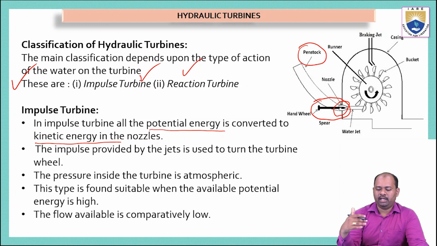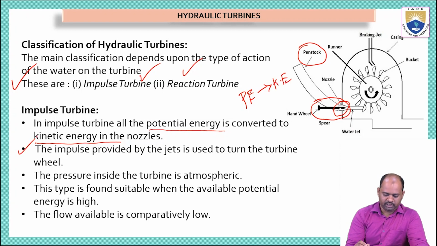When this water flows through the nozzle, the potential energy will be converted into kinetic energy because we have a decreasing cross-section diameter, and the water will come out at a very high velocity. So the potential energy is converted into kinetic energy in the nozzle.